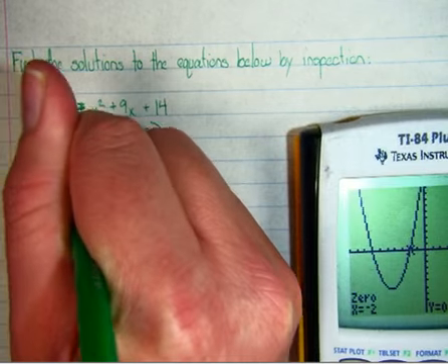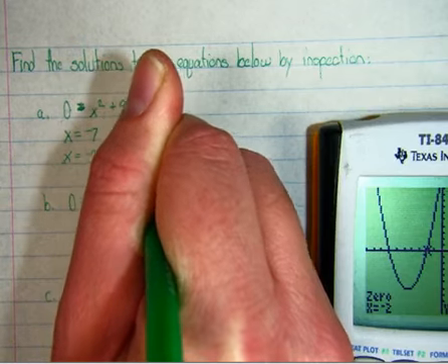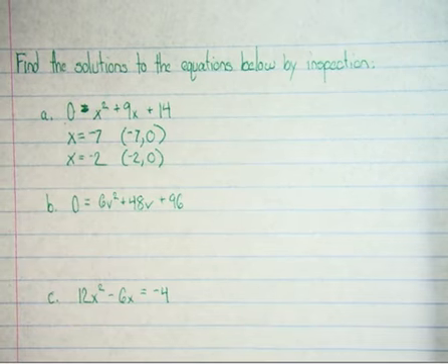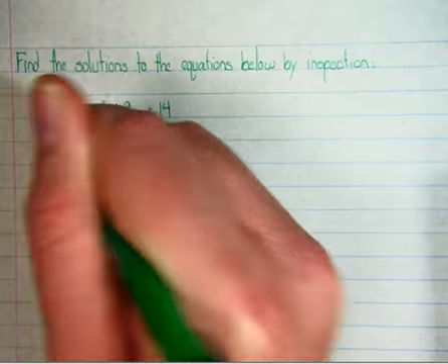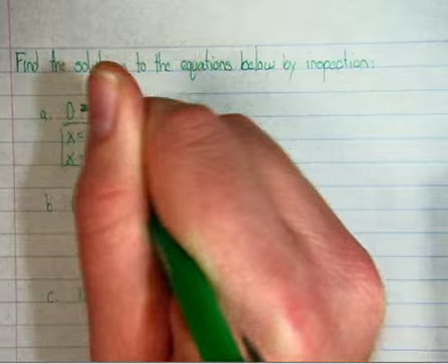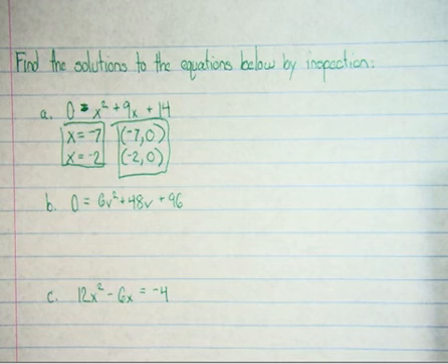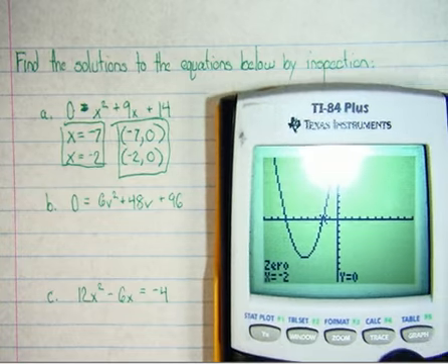And so I can write my other solution, x equals -2, which would also be (-2, 0). So that's my answer right there. Those are my solutions, that right there or that right there. If you're answering on a test, really you only have to give one or the other. I just want to write both here so that you recognize they're both solutions. And now we're off and running on this thing.